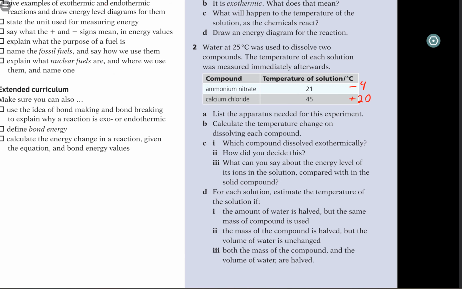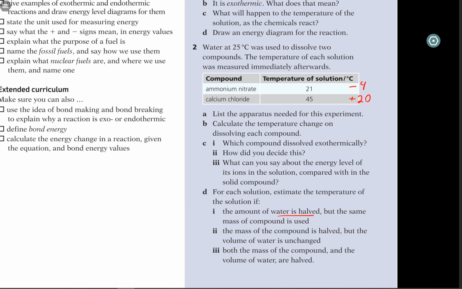So to summarize the answer, for part A, the amount of water is halved, but the same mass of the compound is used. Because we are using the same mass of the compound, the amount of heat energy which releases to the water or is absorbed from the water is the same as before. But because the water is halved, if we add the same amount of energy to half the volume of water, the amount of energy received per volume of water doubles.